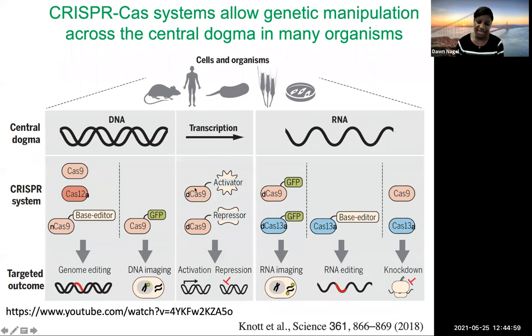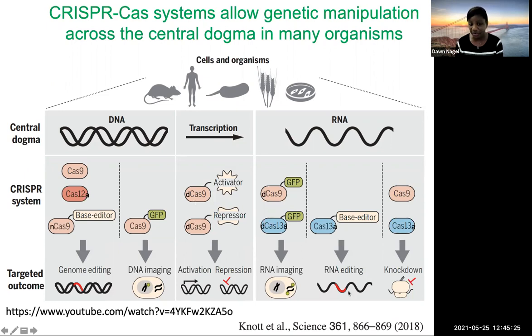You would use a deactivated Cas9 for cases where you have this activator or repressor, as I mentioned, because you don't want to cleave the DNA. You just want your Cas9 and your guide RNA to go to this region and bring in that activator or repressor. So you need to deactivate this Cas9 so it doesn't cleave it, right? So these are different versions that you can make.